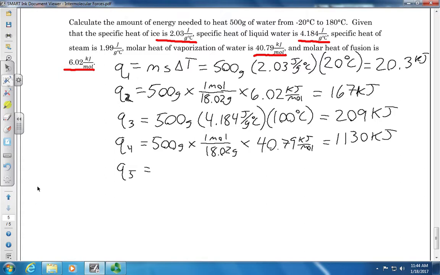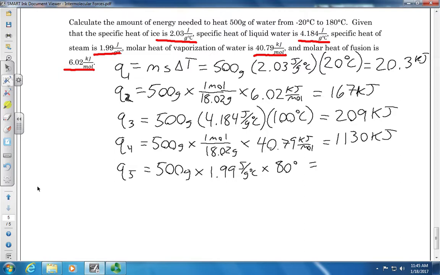So again, we're going to use our Q is equal to m s delta T. So 500 grams times our specific heat of steam in this case, which is 1.99 joules per gram degree C, times our change in temperature, which is 80 degrees C. 180 degrees Celsius minus 100 degrees Celsius gives us 80 degrees Celsius.